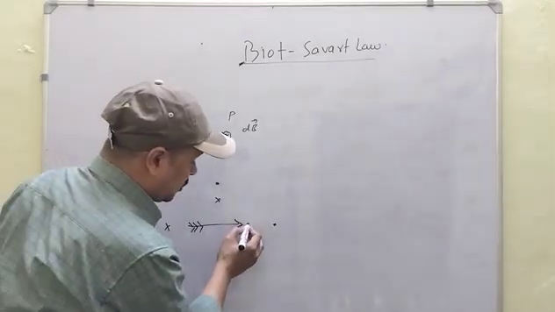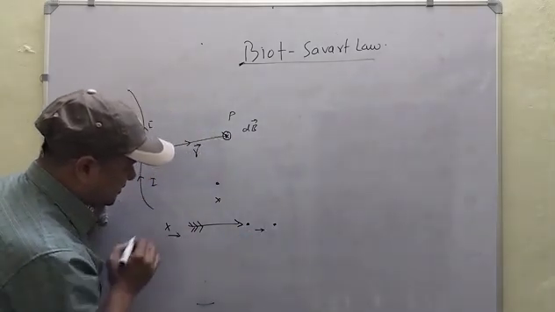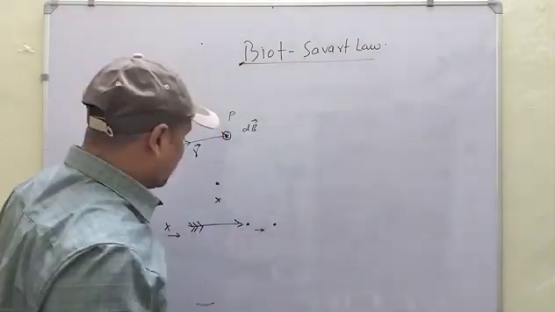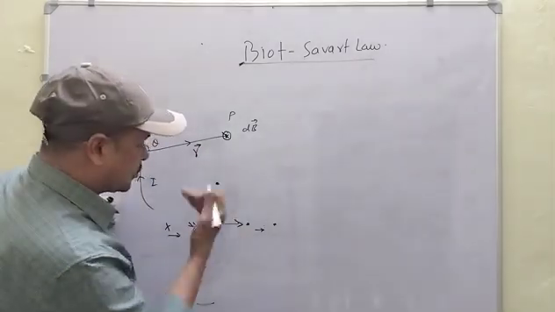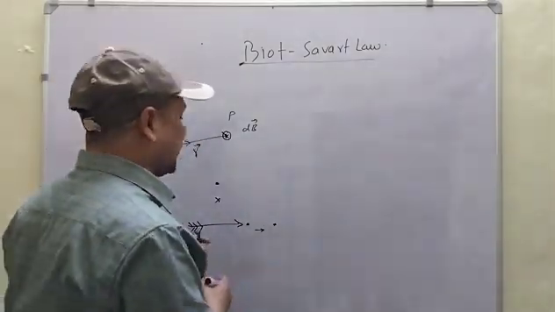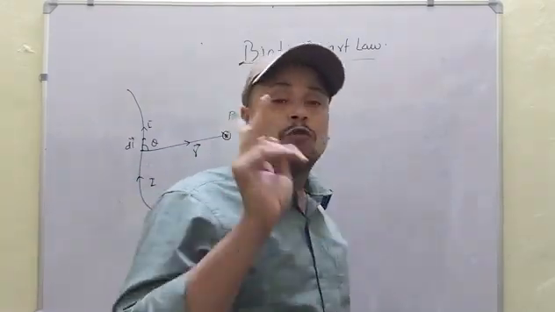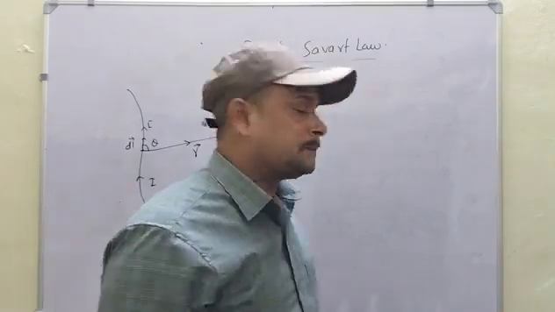It means dot means the arrow is moving this way, cross means the arrow is moving that way. So you should remember, dot means coming outside, cross means going inside. So you should remember how we find the direction of the magnetic field. For this we will use the right hand thumb rule.